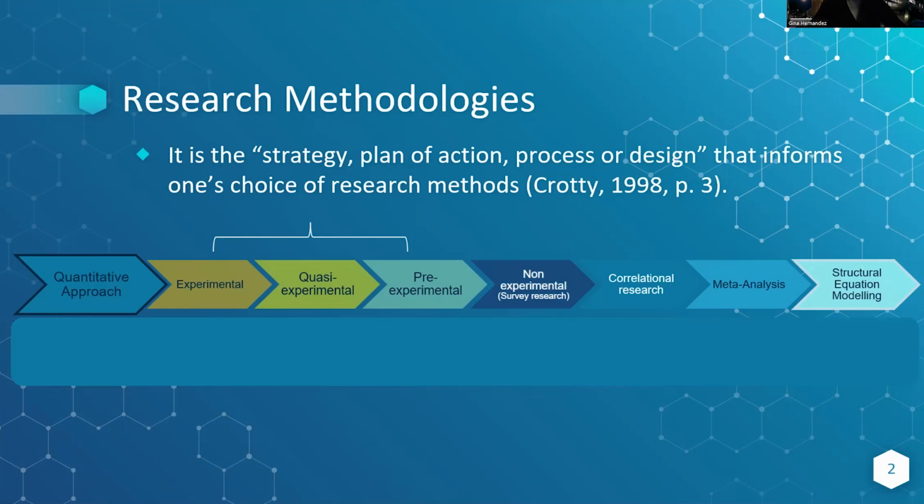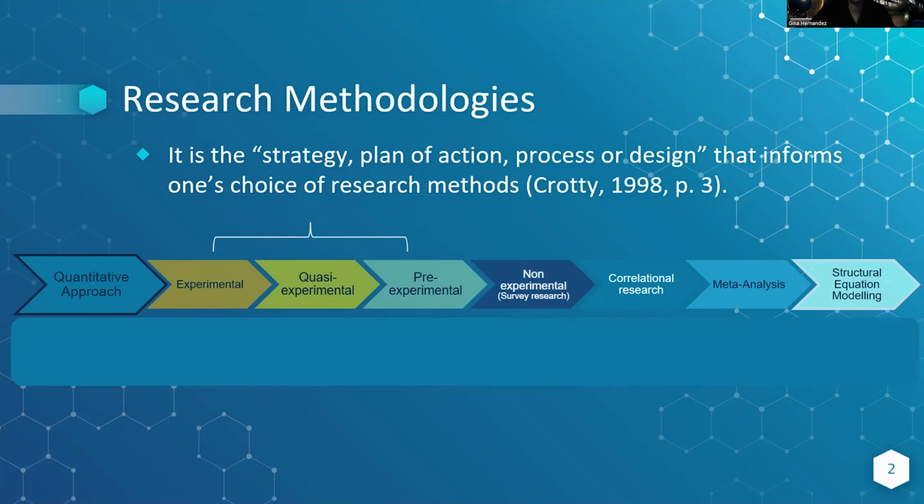We also have meta-analysis and structural equation modeling. So these are some examples of the designs that we have within a quantitative approach. And today we will discuss experimental methods.